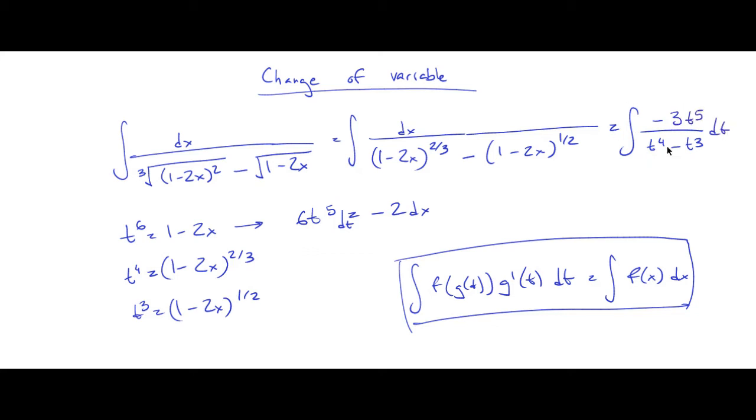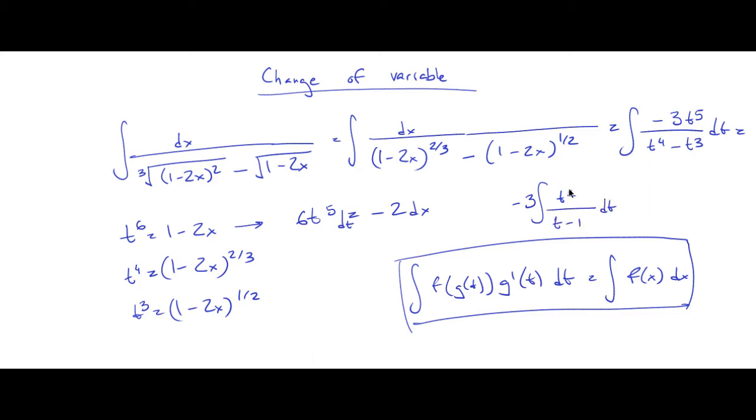And now this integral is easy to see because it's just a primitive of rational functions we have just seen. So this is minus 3 times the integral of t^5 divided by t^4 minus t^3, so you can divide everything by t cubed, and you get t squared divided by t minus 1 dt, right?